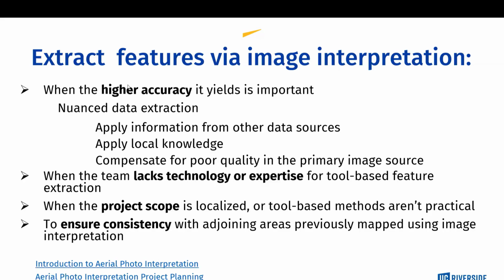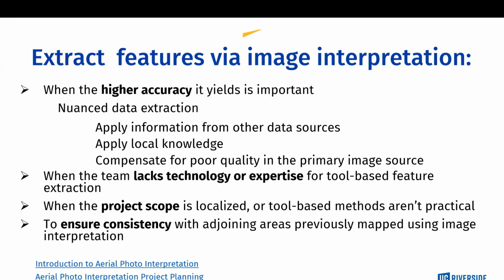What I've heard anecdotally, I don't have direct feature values, is that image interpretation by people who have been trained well at it can approach 90 to 95% accuracy, whereas the same thing done with image classification might be in the 75 to 85% range.